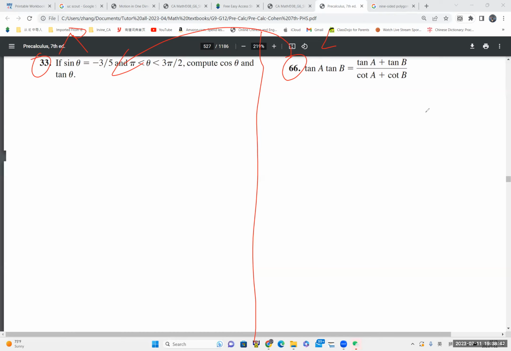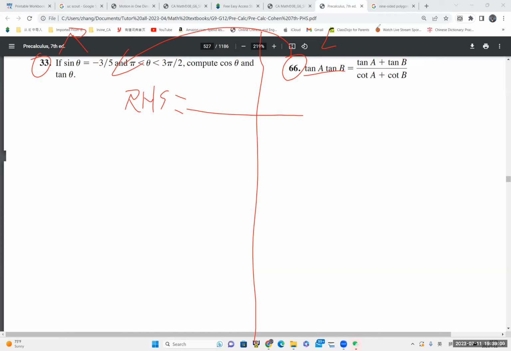Can you guys show something? I'm not sure how to get rid of the tan A plus tan B. Yeah, so from the left side you cannot get a hint. Then you can start from the right side, right? So let me try from the right side. Here has tangent, cotangent. Anyway, the final answer just has tangent.